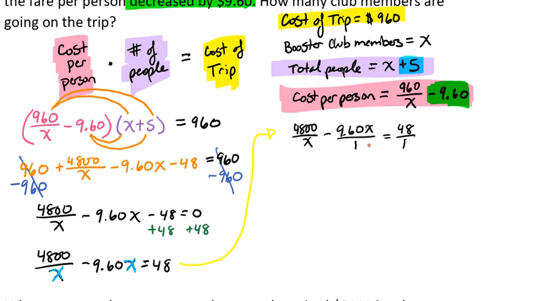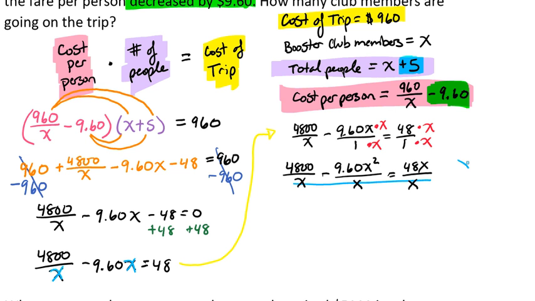I know that the second term needs an x, and so does my other side of the equal sign. That is going to give me 4,800 over x minus 9.60x squared over x equals 48x over x. Then by rule, because my denominators are all the same, I can cancel those all out and just know that x is not allowed to equal 0.